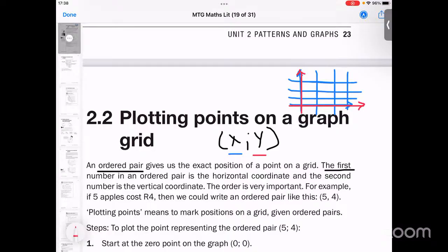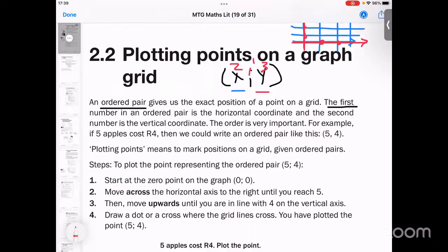If, for example, we have 2 and 3, then we can count: that being 1, that being 2, and then vertically 1, 2, 3. So you see that point, it is that one over there. That's what we mean when we say it gives you the exact position of the point on a grid.